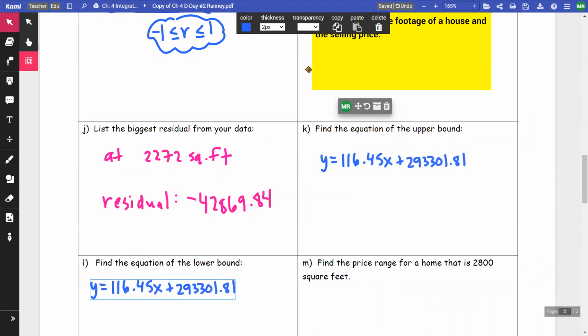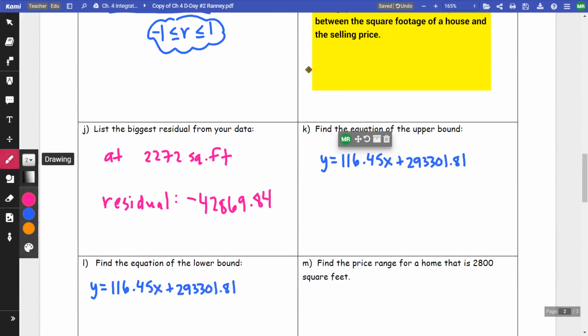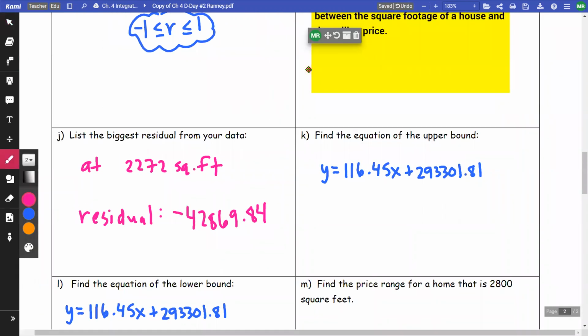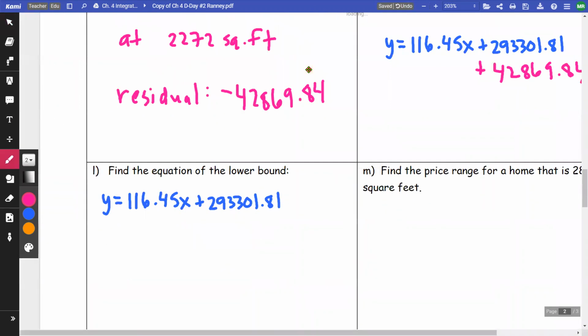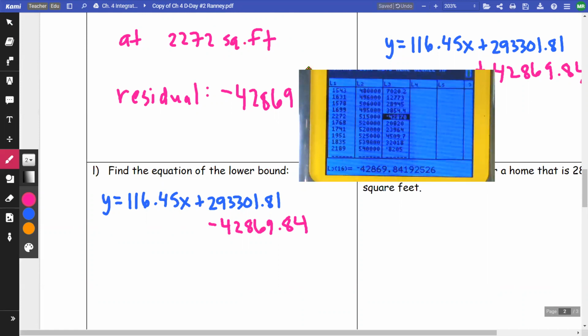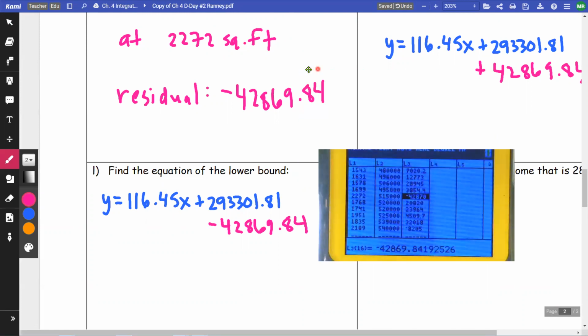So what I'm going to do is, onto this, add on to the y coordinate 42869.84 to get the upper, and to get the lower, I'm going to subtract 42869.84.